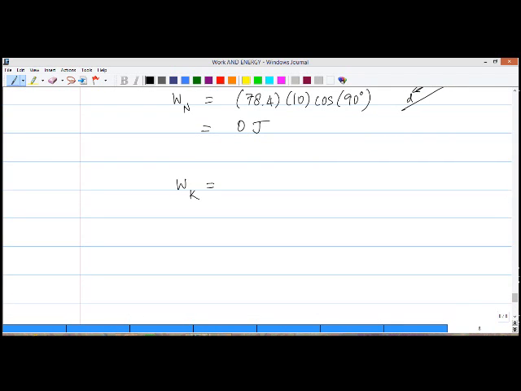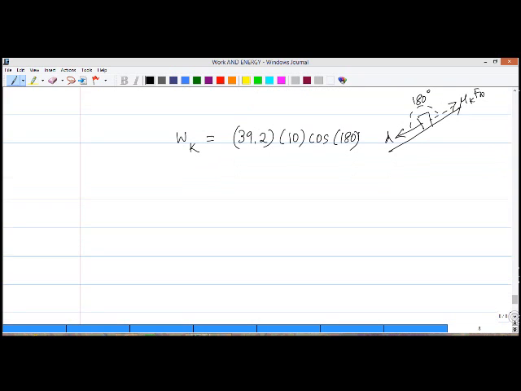And lastly, we'll find the work done by the force of friction, which is 39.2 multiplied by 10 multiplied by cosine of 180 degrees. Once again, the reason being that the displacement is down the incline, mu k Fn is up the incline, and they make an angle of 180 degrees. So this gives us the work done by friction, which is negative 392 joules.